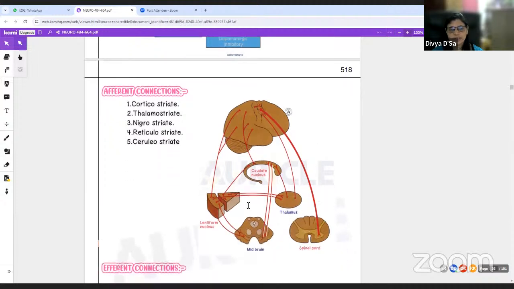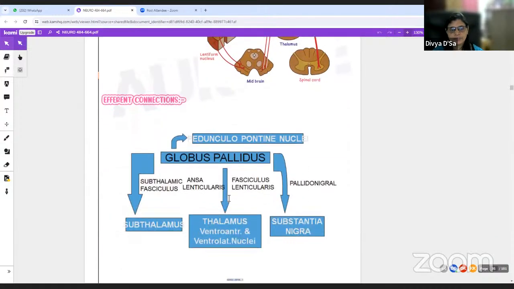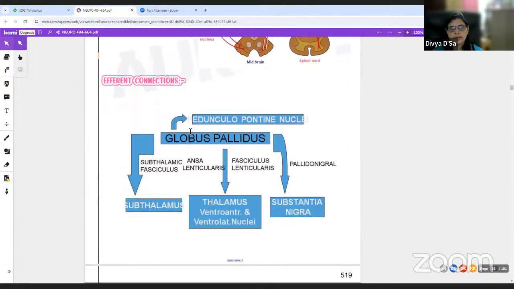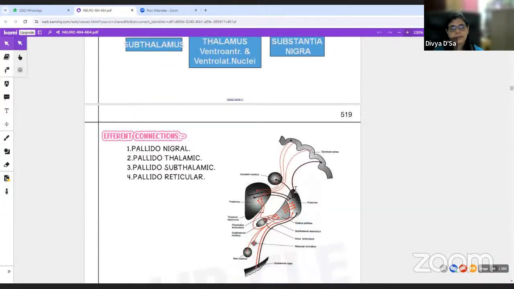You can see here, it all goes to these. Efferent connections from the globus pallidus: the subthalamic fasciculus to the subthalamus, the ansa lenticularis to the thalamus, ventroanterior and ventrolateral nuclei, as well as the fasciculus lenticularis to the thalamus, and pallidonigral to the substantia nigra.